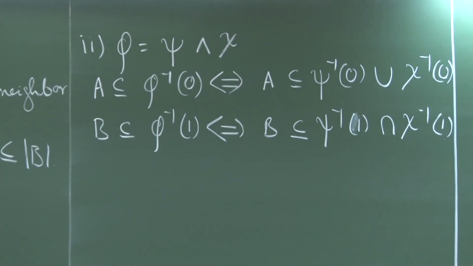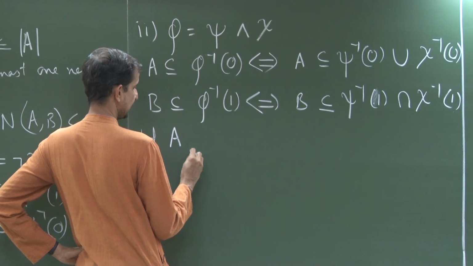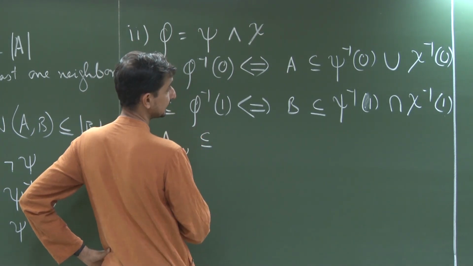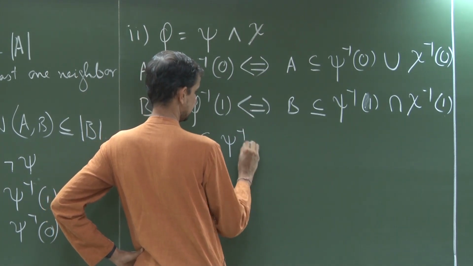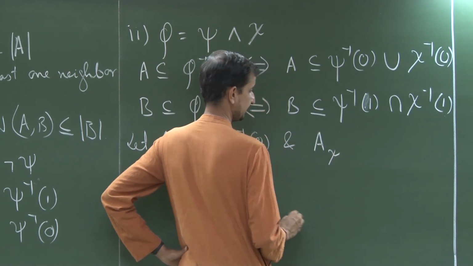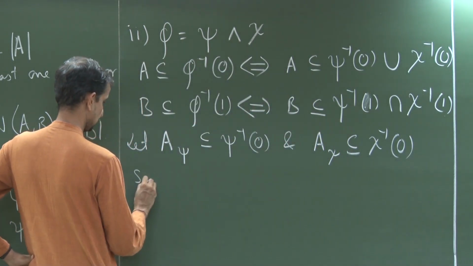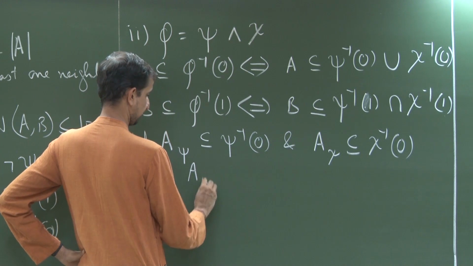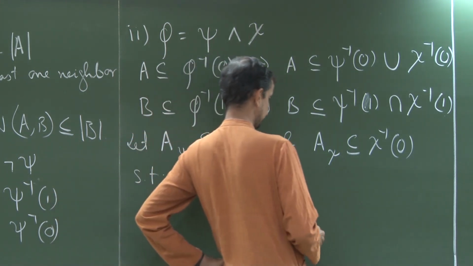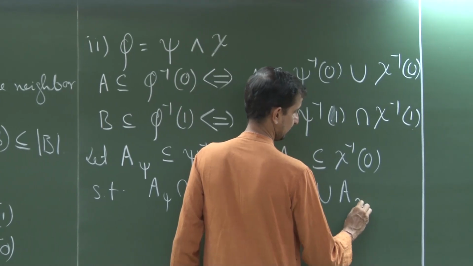So, let A of psi be a subset of psi inverse 0 and A of chi be a subset of chi inverse 0 such that A psi intersection with A chi is disjoint, okay, they do not have any common element, and A psi union with A chi is my set A.